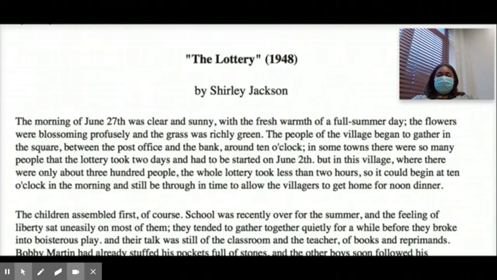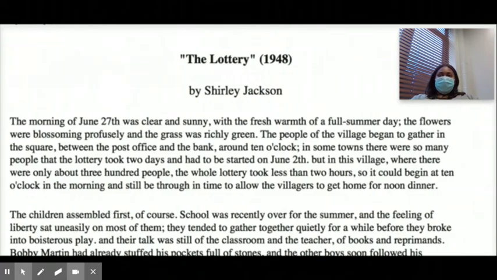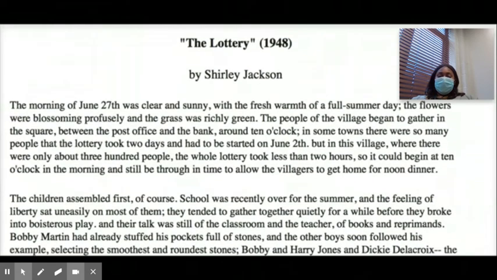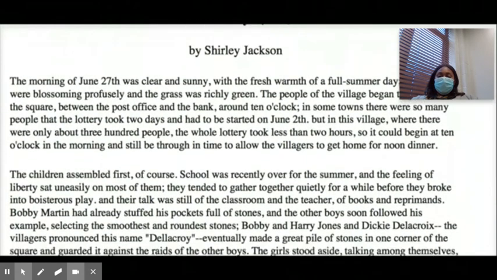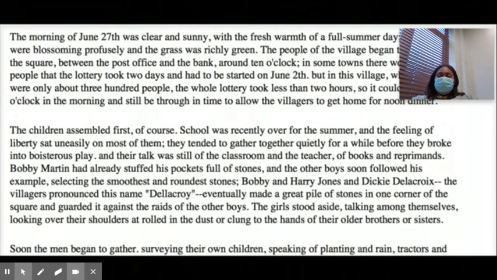The children assembled first, of course. School was recently over for the summer, and the feeling of liberty sat uneasily on most of them. They tended to gather together quietly for a while before they broke into boisterous play, and their talk was still of the classroom and the teacher, of books and reprimands. Bobby Martin had already stuffed his pockets full of stones, and the other boys soon followed his example, selecting the smoothest and roundest stones.